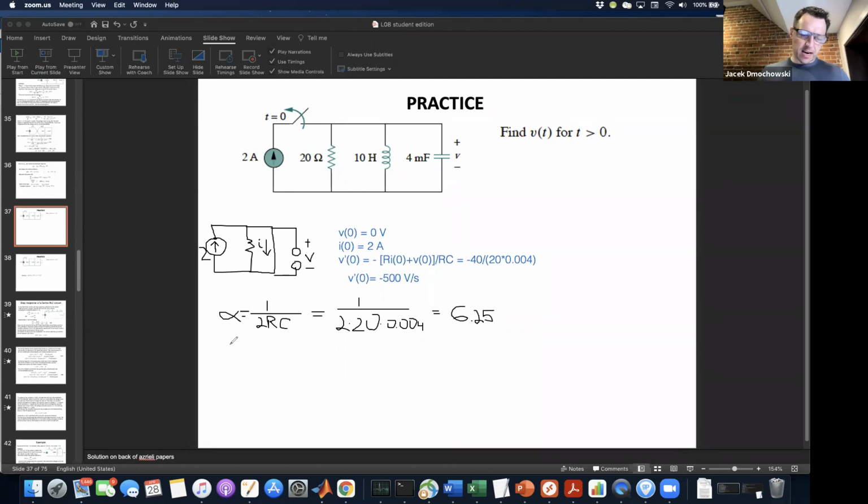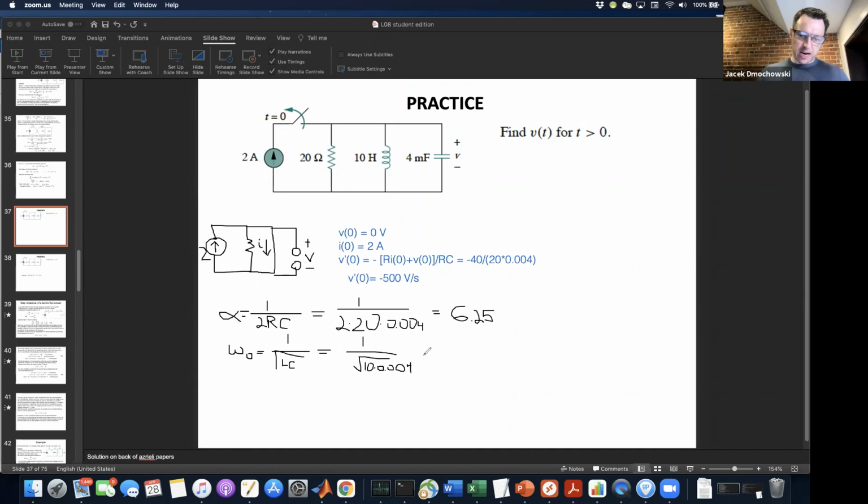Okay, and our omega naught is equal to 1 over the square root of LC. So the value of L is 10. So it becomes 10 times 0.004.